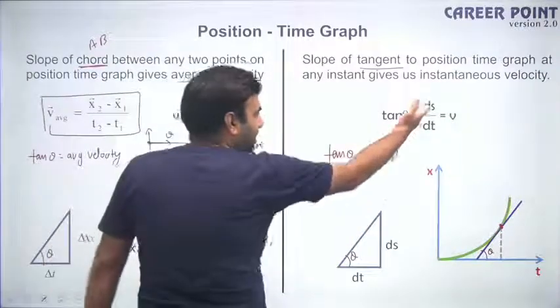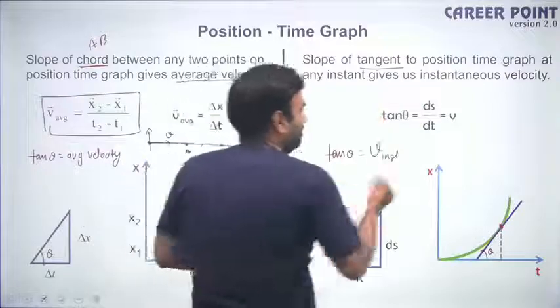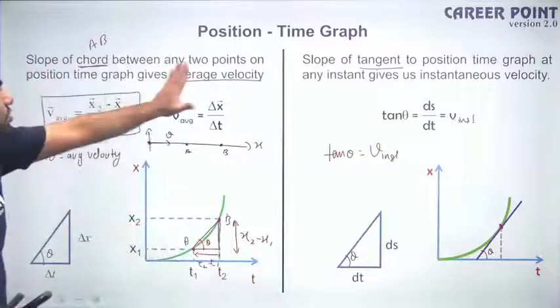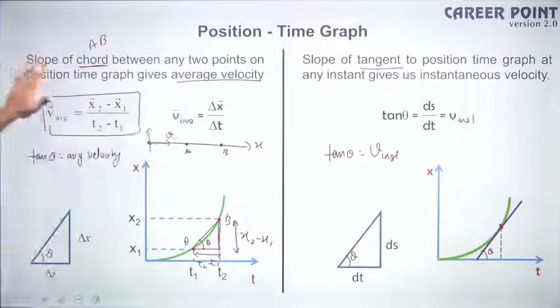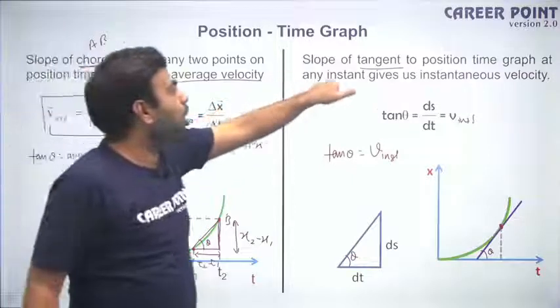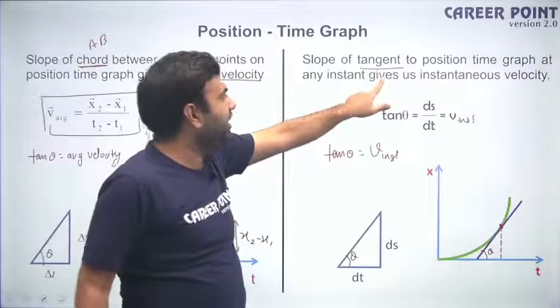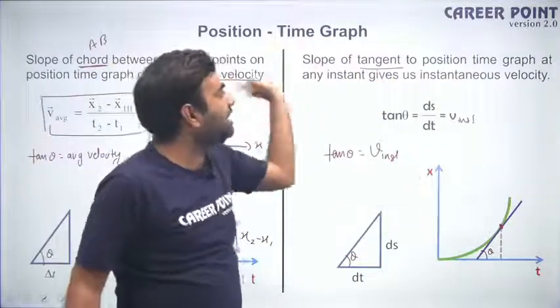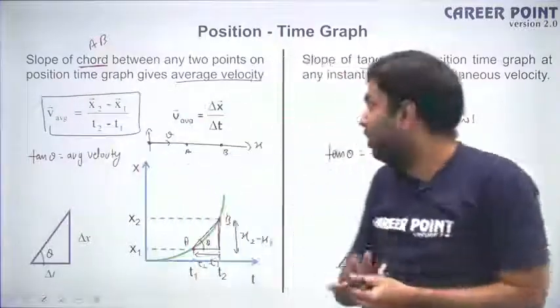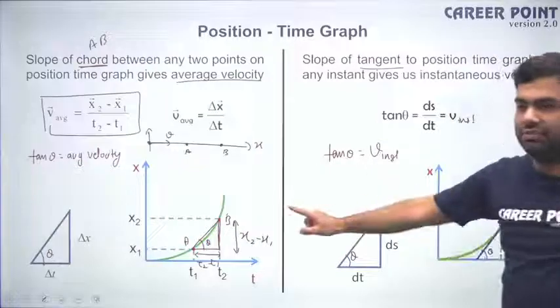So tan theta is ds by dt, which is instantaneous velocity. So you should learn these two statements: slope of the chord between 2 points gives average velocity, and slope of the tangent at any 1 point gives the instantaneous velocity, and these are valid for the position time graph.